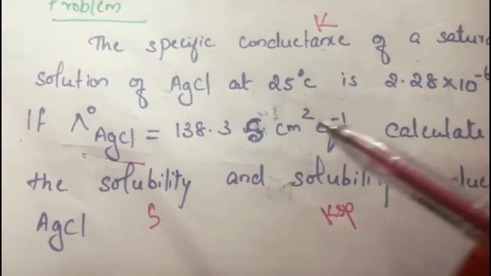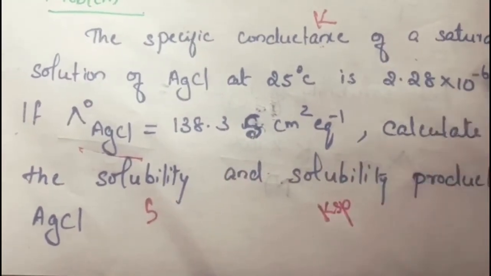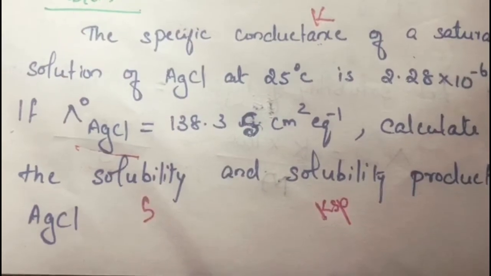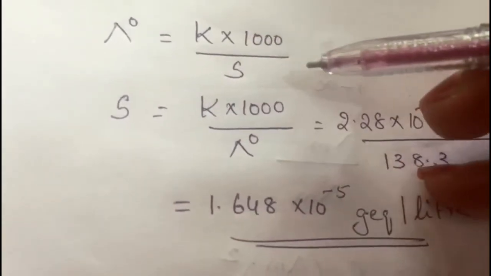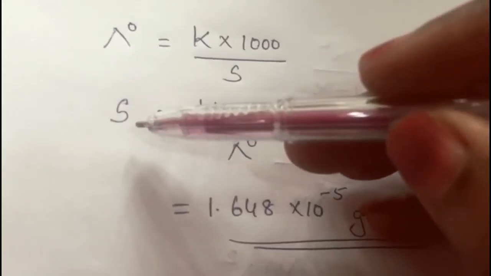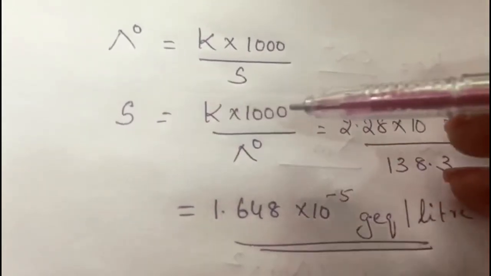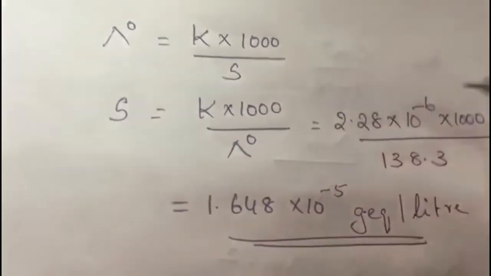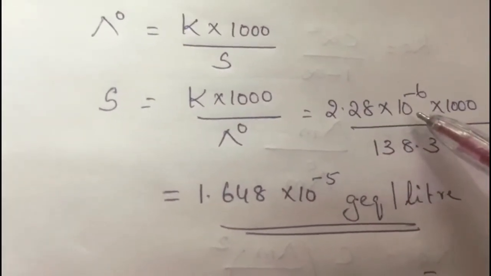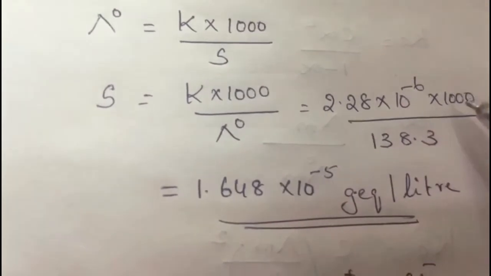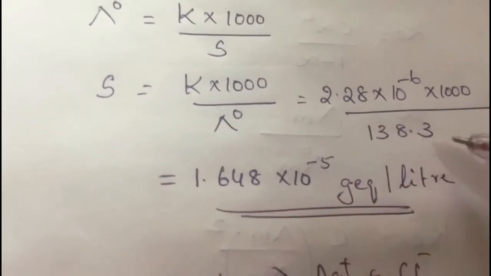We know lambda 0 equals K into 1000 divided by S. Therefore S can be calculated: S equals K into 1000 by lambda 0. So here 2.28 into 10 raised to minus 6 is our K value, specific conductance, into 1000 divided by 138.3.